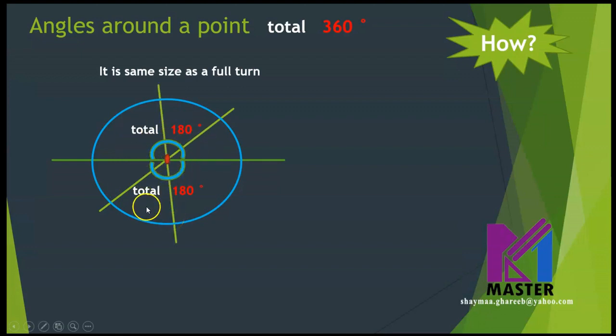I can add more angles. Now I have 6 angles around this point, and the total of the 6 angles must be 360 degrees as well, exactly the same as the full turn.